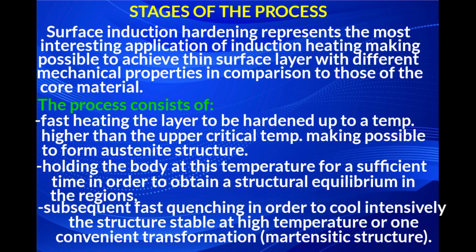So, after doing this process, you will get a thin layer having different mechanical properties than the core material. The process consists of fast heating of the layer to be hardened up to a temperature higher than the upper critical temperature, making it possible to form austenite structure.